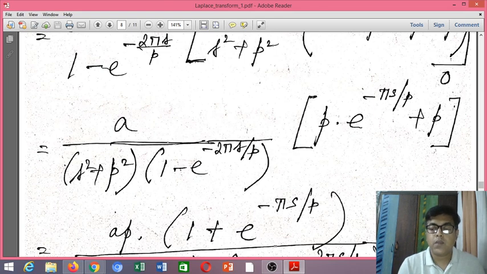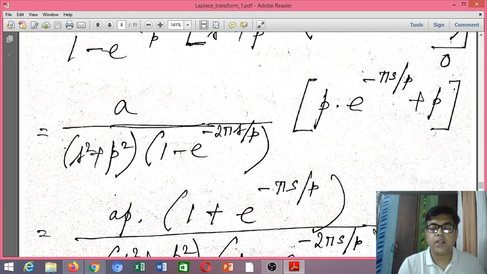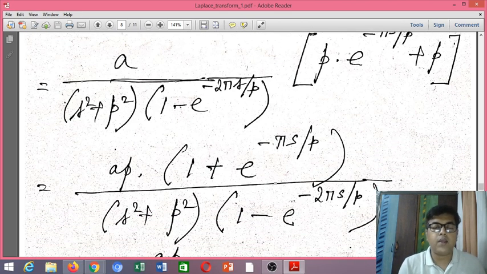And then on a bit of simplification, if we take that p outside, which you should always do, you are left with ap into 1 plus e to the power minus pi s by p, because if we take p common, you should get that factor left behind. So you get ap into 1 plus e to the power minus pi s by p, whole divided by s square plus p square into 1 minus e to the power minus twice pi s by p.